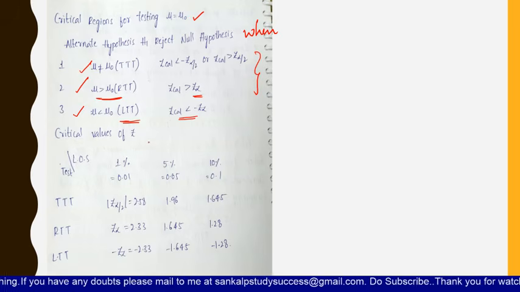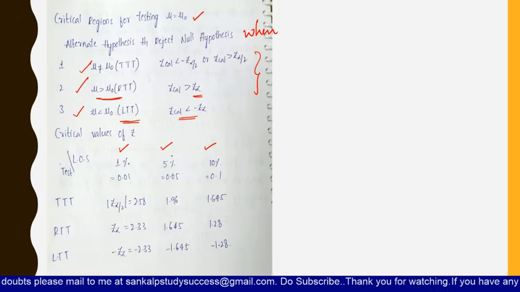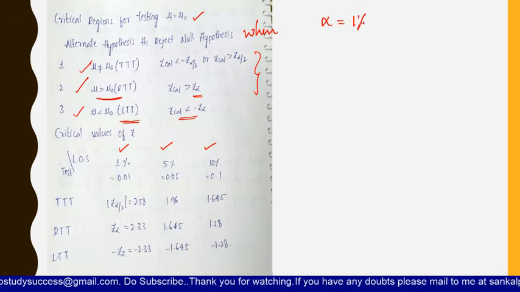Here we have the critical values of z, which are the standard values for 1%, 5% and 10%. These values are taken from the z distribution table. Here we have given directly the level of significance of 1%. If alpha is 1% in the question, you consider it as 0.01, because 1% is 1 by 100.